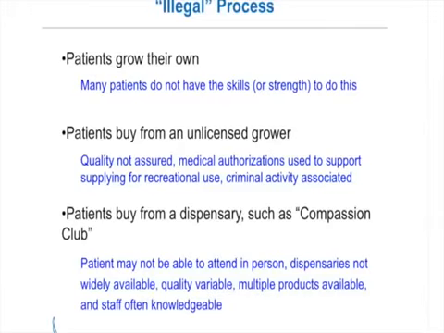Sometimes they're able to have a friend or an unlicensed grower provide some marijuana for them, but the quality is not assured. There's a whole lot of criminal activity associated with this, with the medicinal users being used to provide the front for the criminal activity, and the type of cannabinoid that's being delivered to the patient may not be optimal for their actual use.